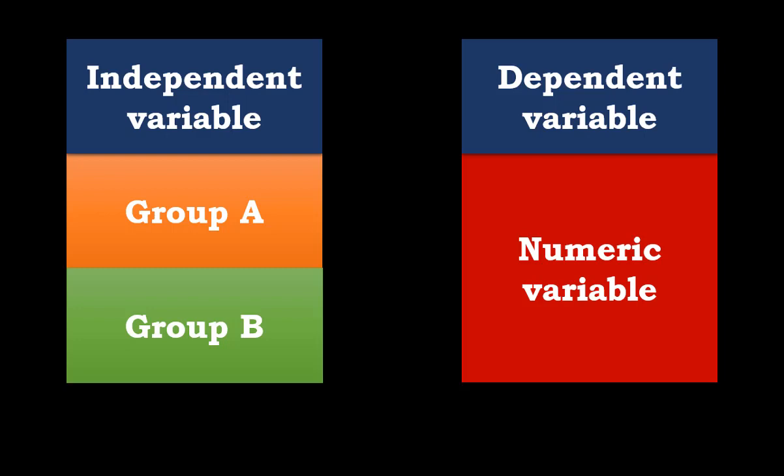If we find a difference between group A and B, we don't know whether the difference is caused by the differences in this aspect of these two groups or because of something else.